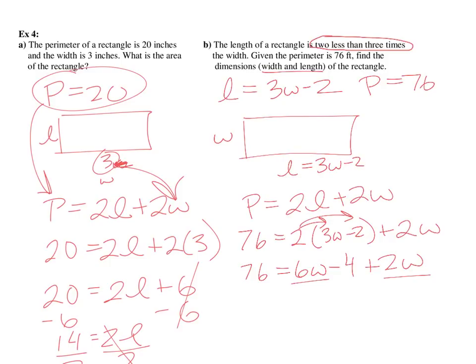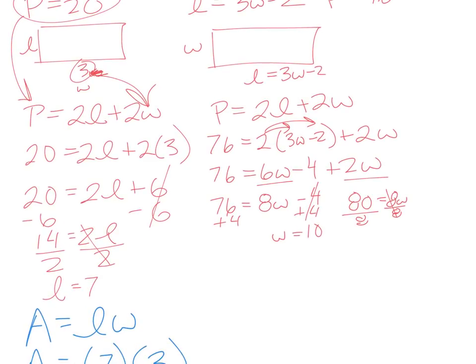Add like terms. I get 76 is equal to 8W minus 4. Plus 4. 80 equals 8W. Divide by 8, and W is equal to 10. All right, then the length is equal to 3 times 10 minus 2. So the length is equal to 28.